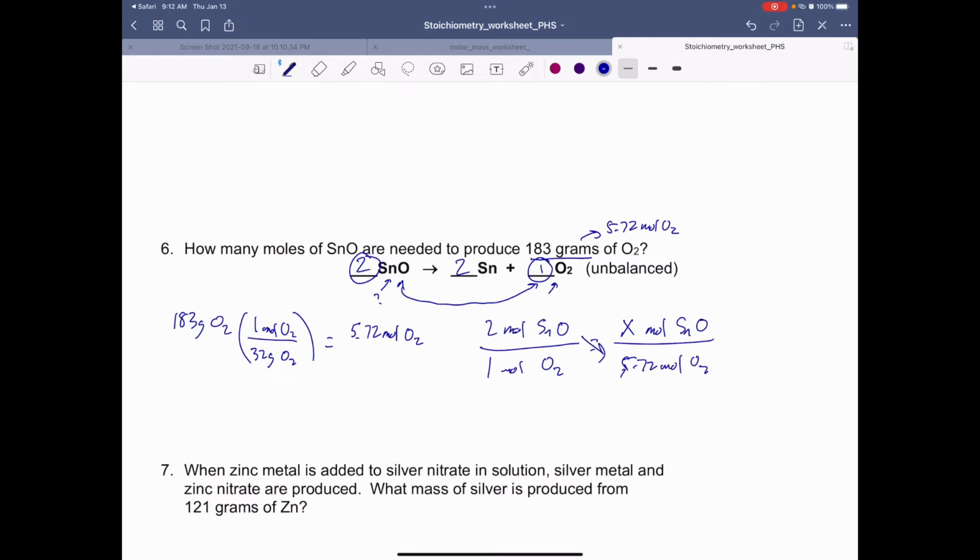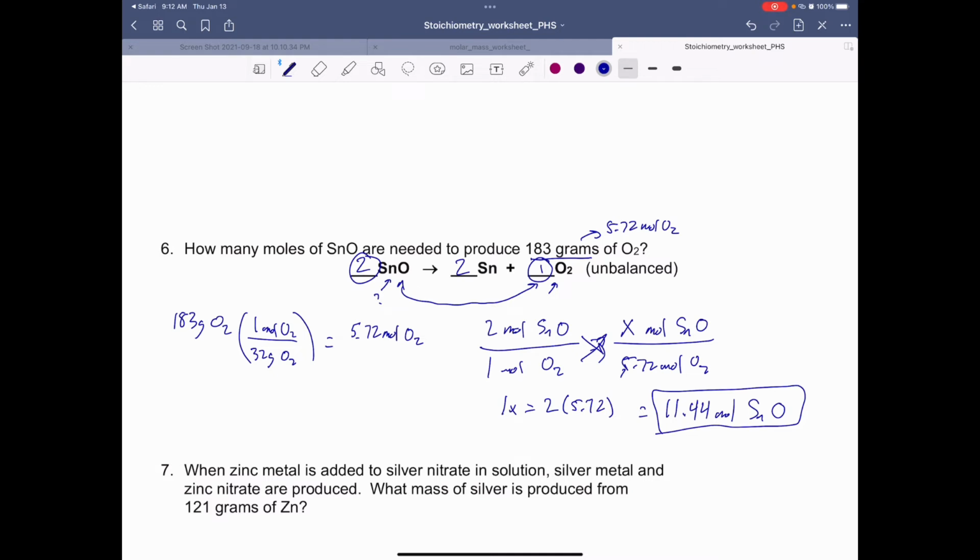So now we can just do some cross multiplication. We can say 1 times x is equal to 2 times 5.72. So 5.72 times 2, we get 11.44 moles of selenium oxide are needed. Okay, and that is how we do this one.